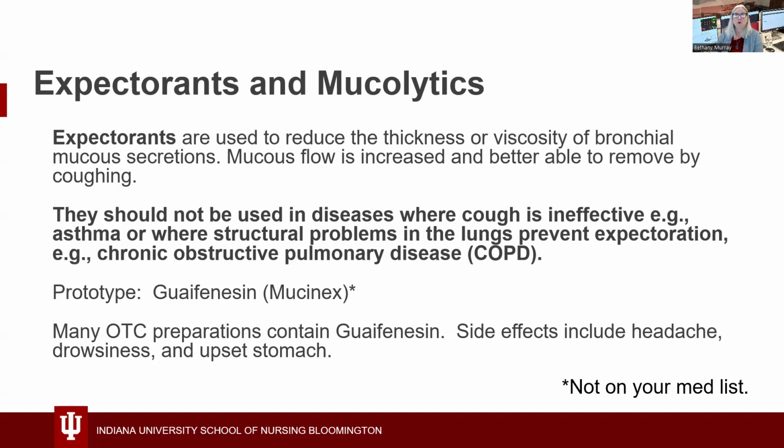So we really want to avoid using expectorants in asthma, COPD, or anyone who does not have a good cough. Because what happens in essence is they reduce the thickness or the viscosity of the mucus. And then if the person cannot cough out the mucus, they essentially are drowning in their own fluids. So we don't want to have that effect. We want people to have vigorous, good coughs to start with when we use an expectorant.